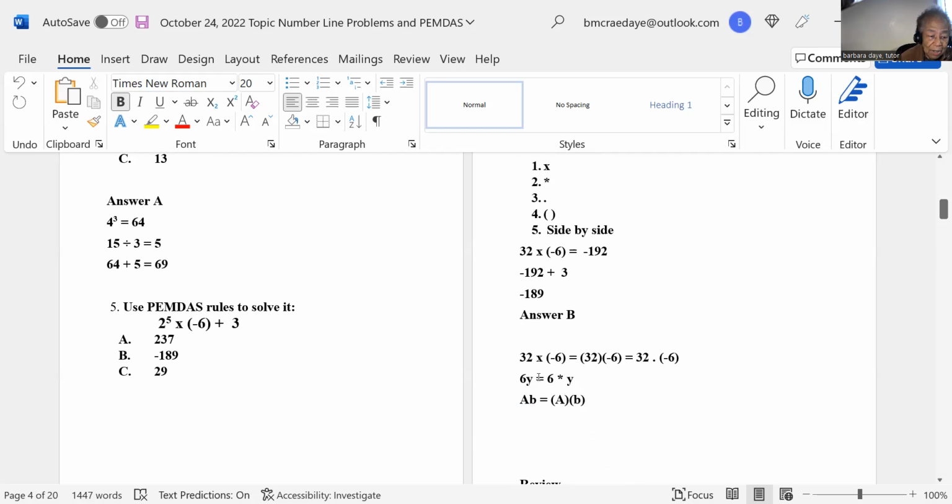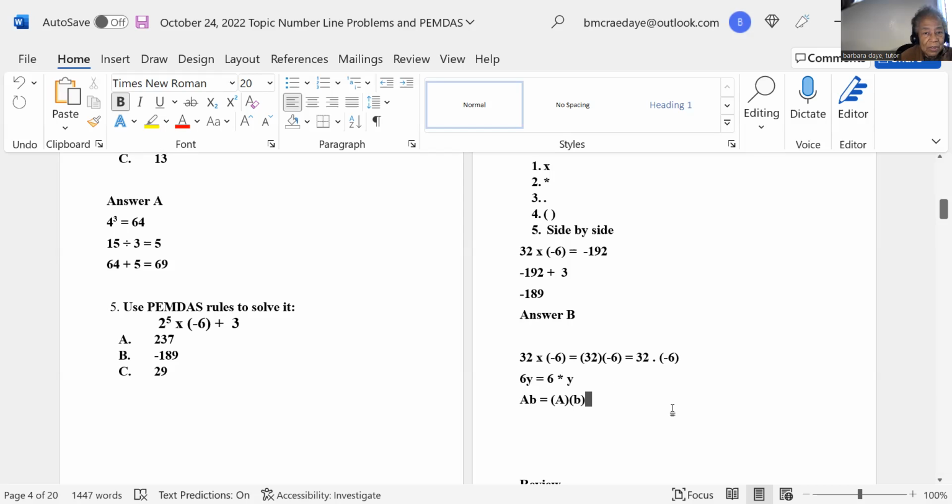You could have a number and a variable, that's the number times the variable. If you have a variable next to a variable, or a number next to a variable, that's a multiplication. So A and B side by side is multiplication, right? That's right.